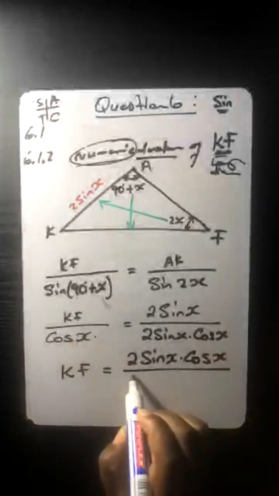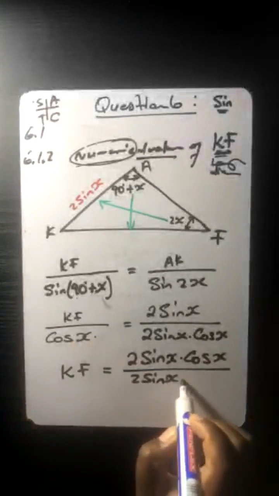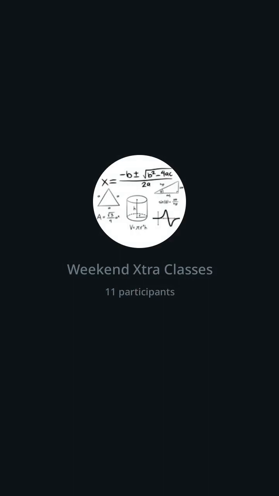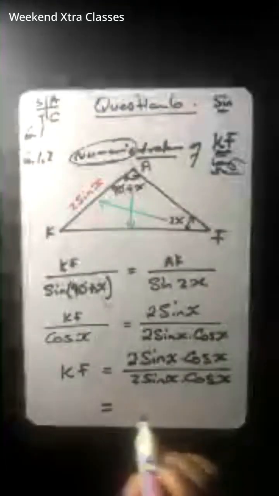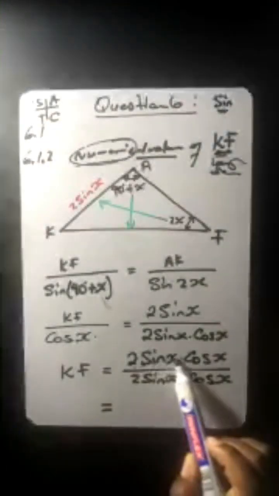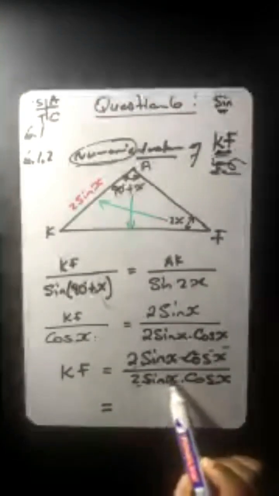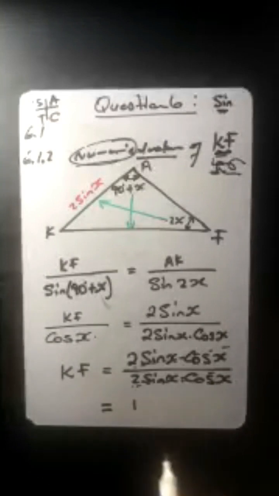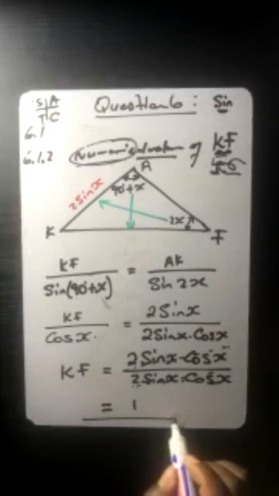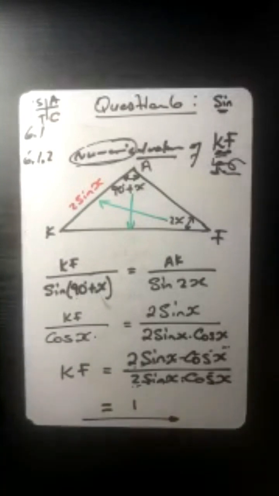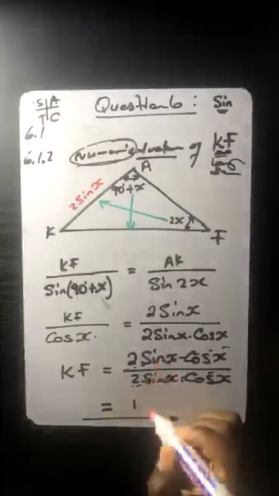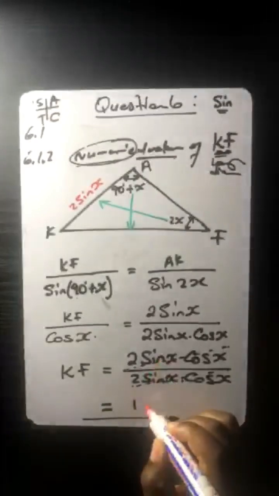The whole of that is being divided by sine of x multiplied by cos of x. I'm not sure if I'm the only one who realized that actually the whole of that cancels with the whole of that, and you end up having just 1. I think it's done. From what I'm saying, honorable member, KF is actually 1 unit.